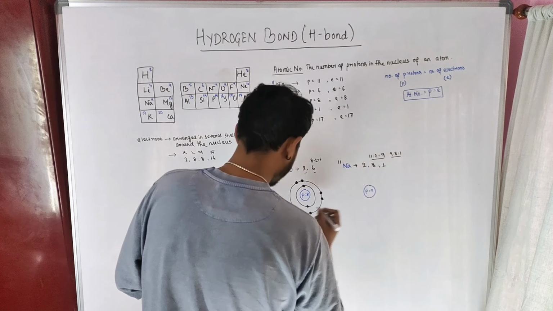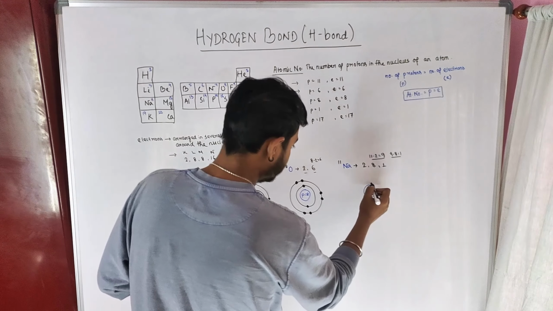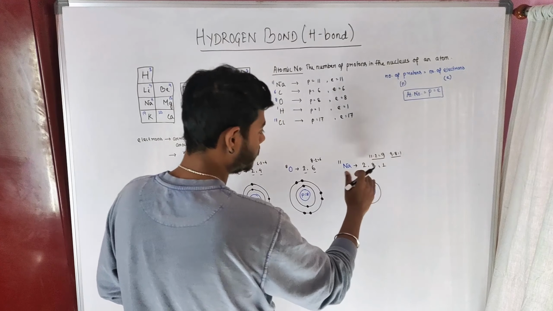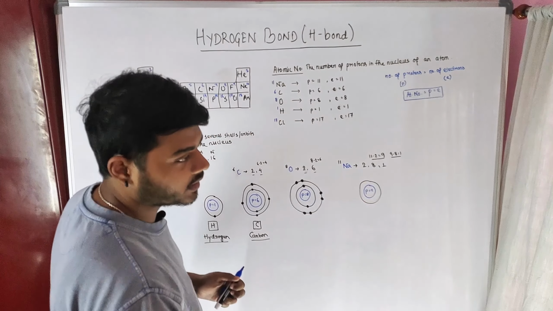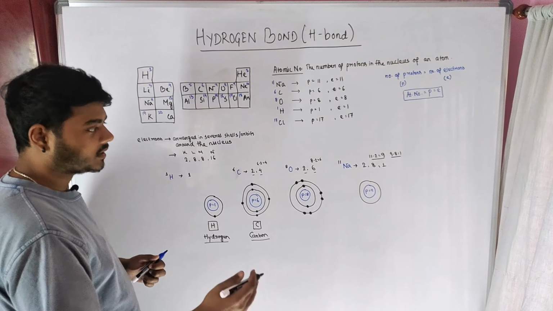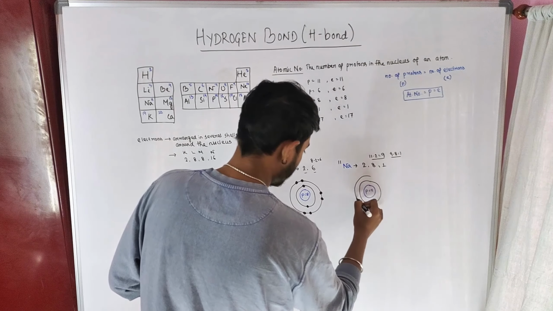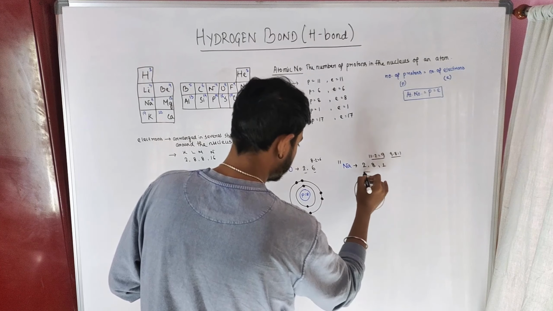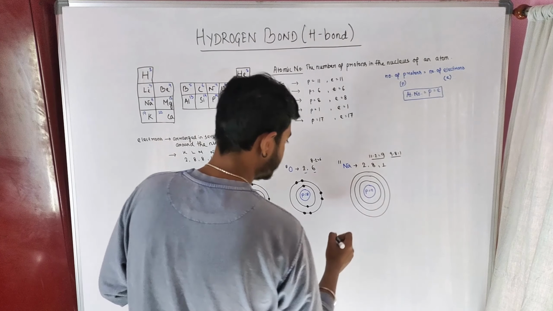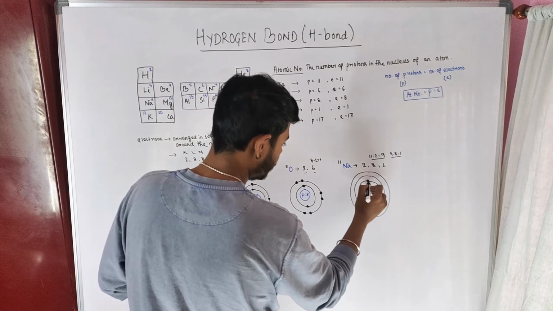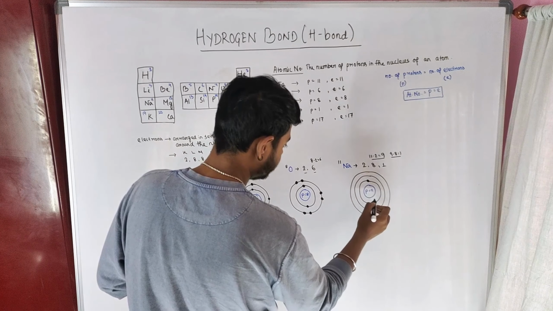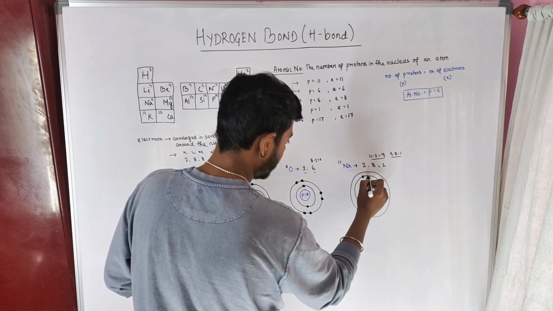Proton count is 11, and around that we have 3 shells. So when the atomic number increases, the number of shells increases step by step. We have 3 shells. The first shell will have 2 electrons. The second one will have 8.